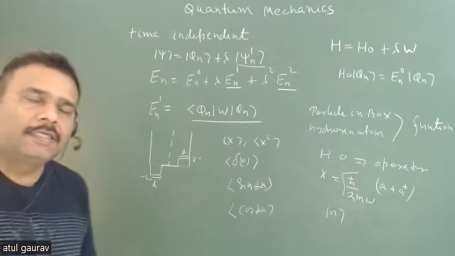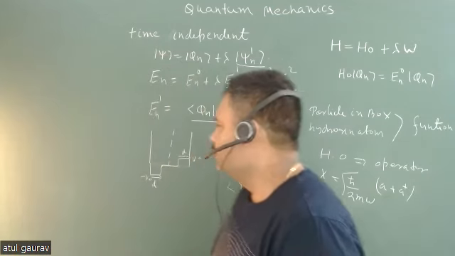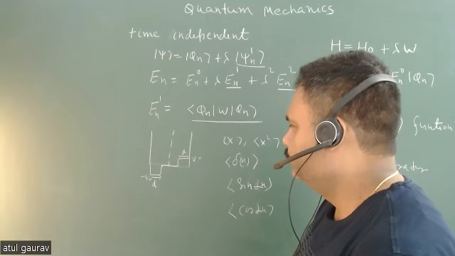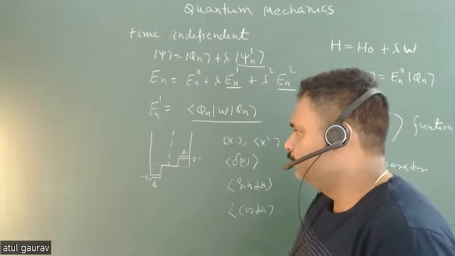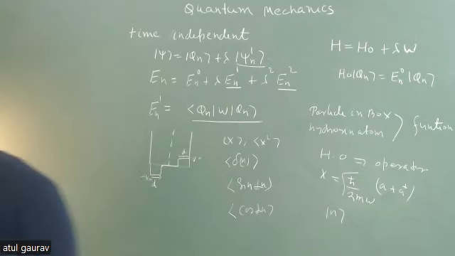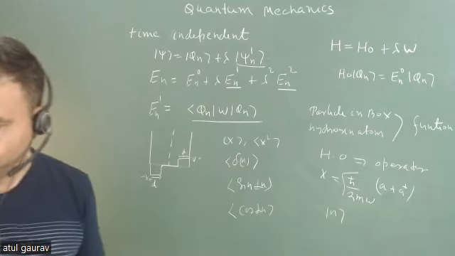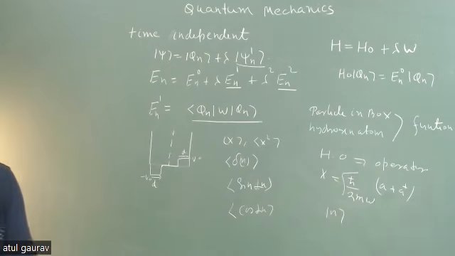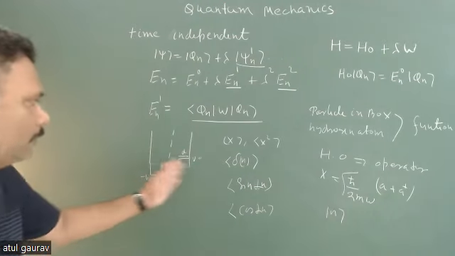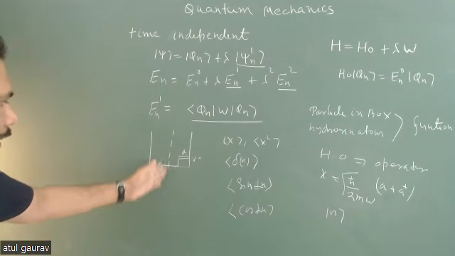What will happen in this type of system, can you tell me? Anyone? Tell me. So that will be zero. There is no correction because this is antisymmetric.